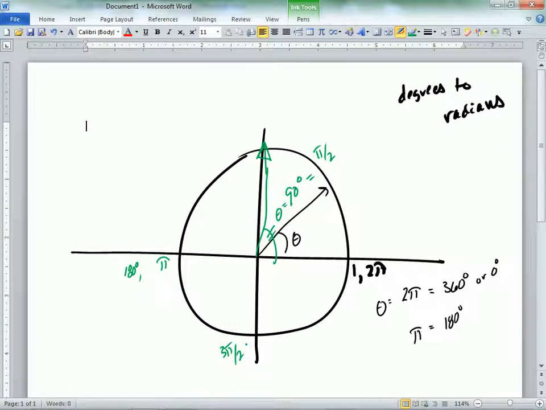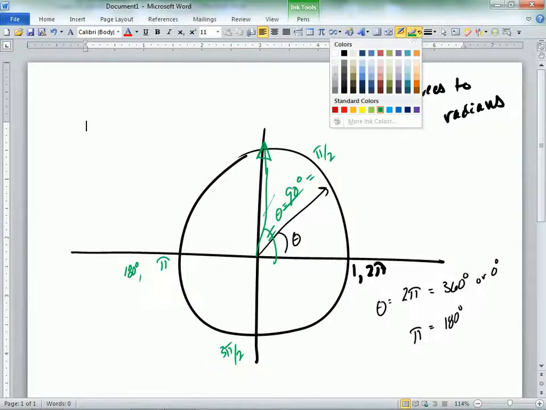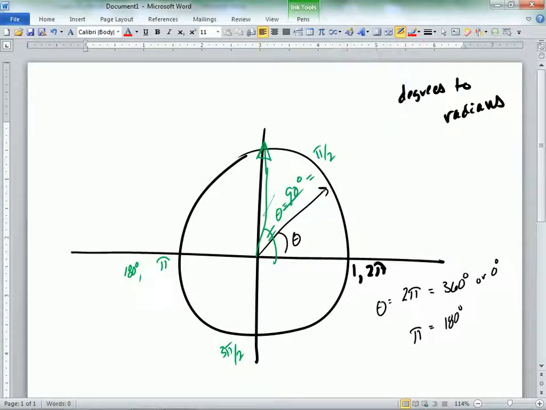Now, the reason why this is nice is because the cosine is this arc length of the adjacent side. So, for example, let's make it red. If you had this angle, here's my cosine.